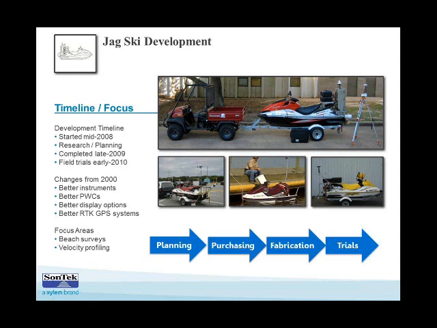So moving on to a more recent study. This is kind of a neat case study, an example, because it shows how this system and the M9 can be used as a complete survey solution, but also as a complete solution for setting up a hydrodynamic model as part of a different project.